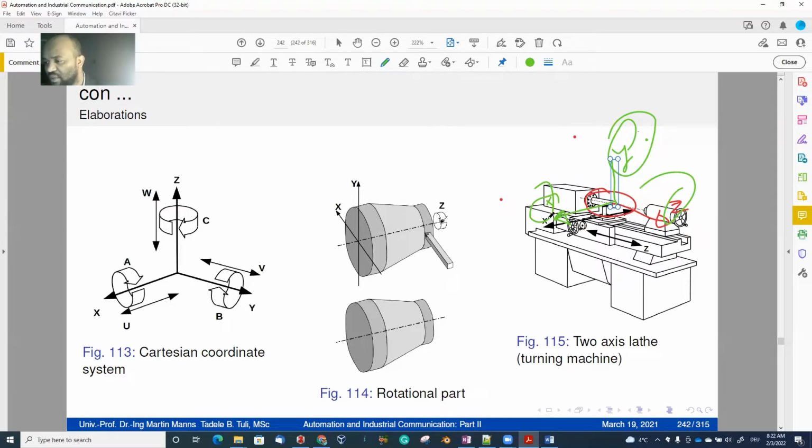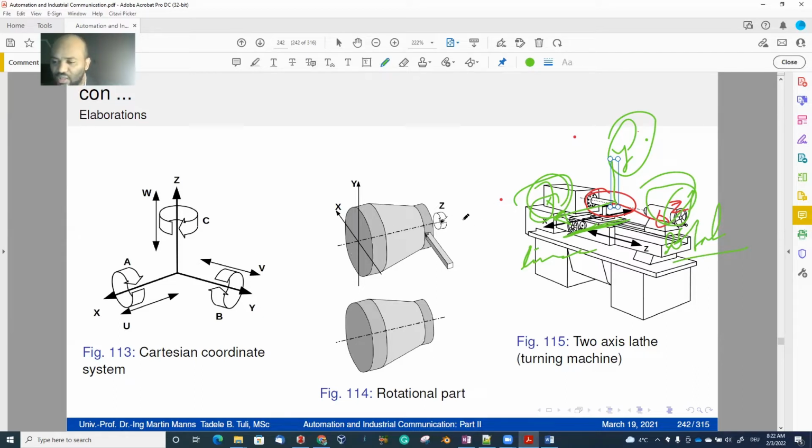This time the x-axis is always along the tool movement, which is a linear movement in this case. And then we have the z-axis, which is rotational, along the axis of the object.